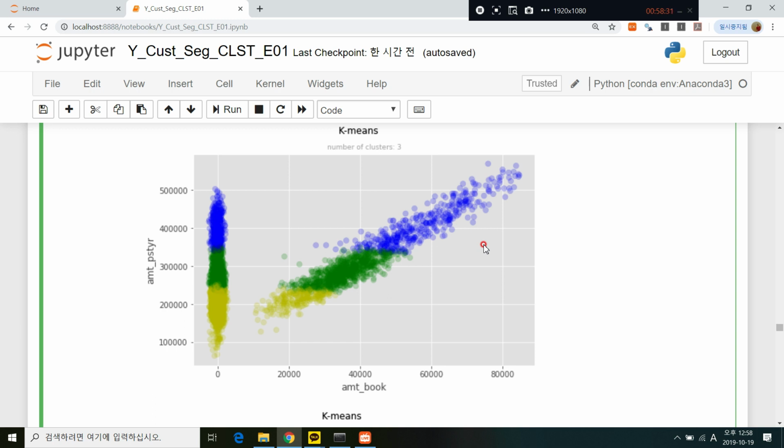There is a possibility that the clustering result is heavily based on amount past year. Then what is the mechanism that makes amount past year the most important feature in the clustering solution?